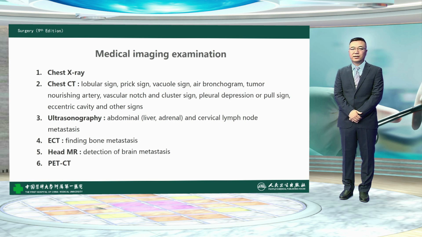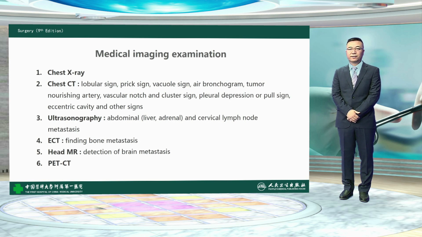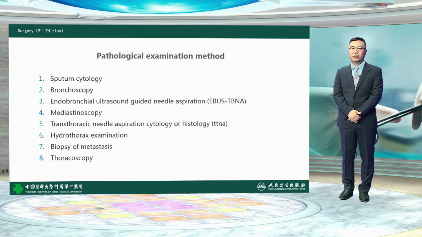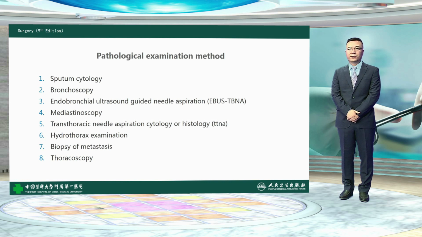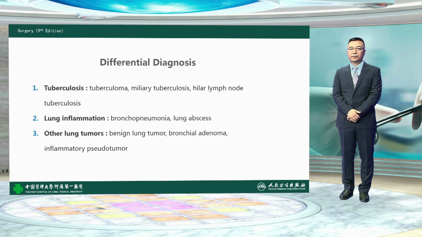And chest CT is the main diagnostic method. Pathological examination methods include sputum cytology, bronchoscopy, EBUS-TBNA, mediastinal TBNA, hydrothorax examination, biopsy of metastasis, and thoracoscopy. Differential diagnoses include tuberculosis, lung inflammation, and other lung tumors.